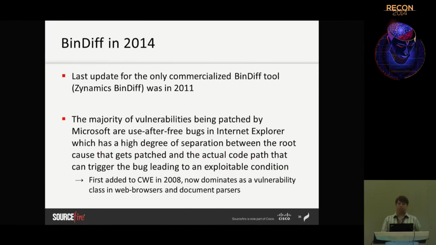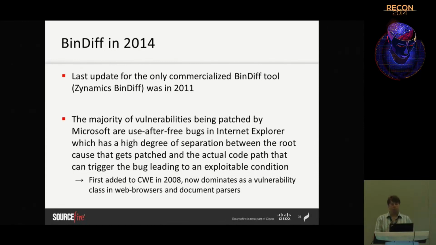And use after free bugs are really easy to identify in a patch. They add a reference counter that was missing, and that's what you're getting. You're getting the location of the free being tracked. What you're not getting is the relationship of the code that allows you to exercise this freed object later on and take advantage of that use after free.